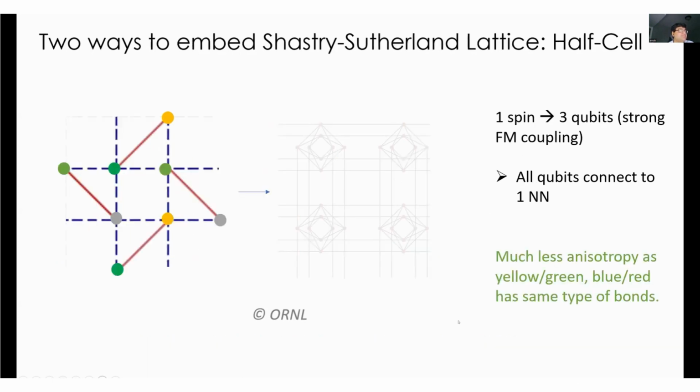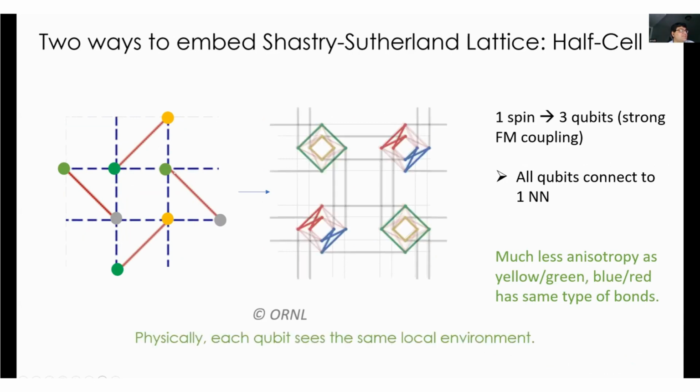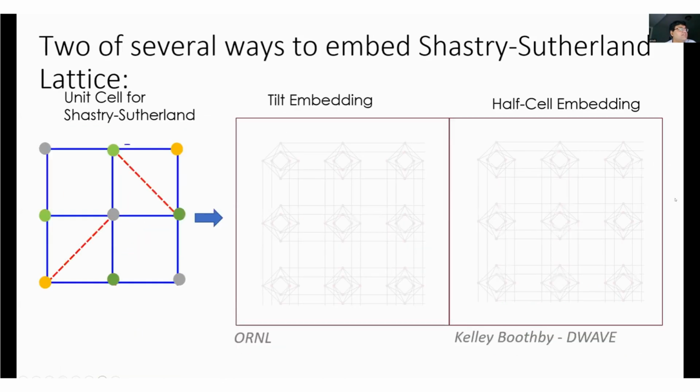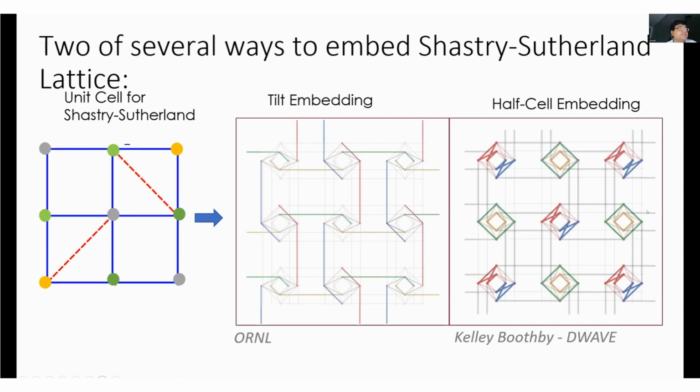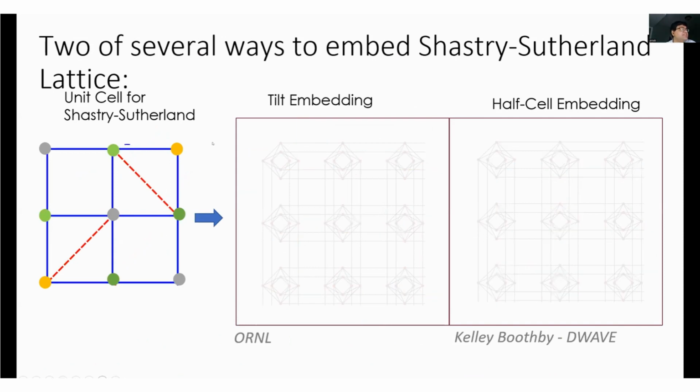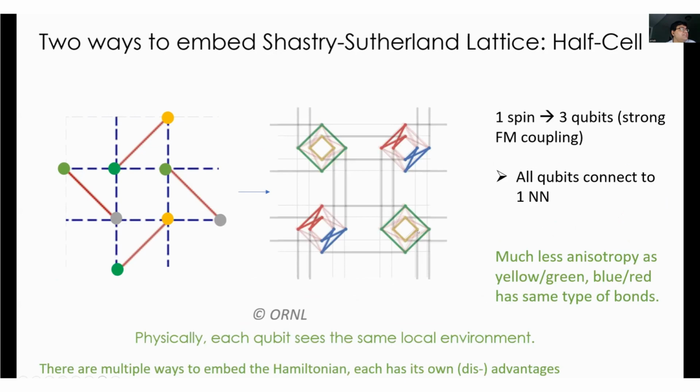There is another way you could do it, which was actually suggested to us by Kelly Boothby. Somehow the colors got messed up here, but in this embedding, each spin, so a green spin, is actually embedded onto 4 qubits.